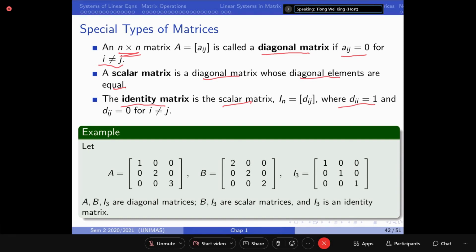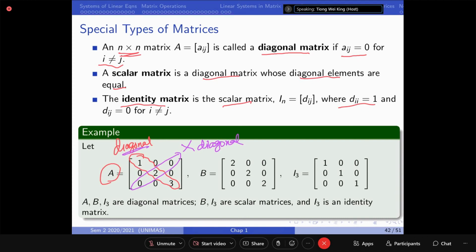For example, you have a matrix A with 1, 2, 3. Diagonal means this is the diagonal, and don't confuse it with this, which is not the diagonal. The diagonal is this.